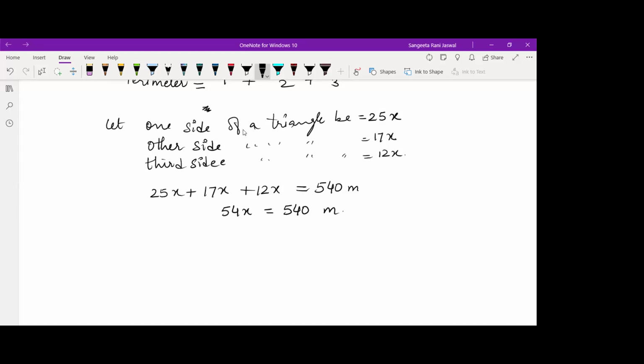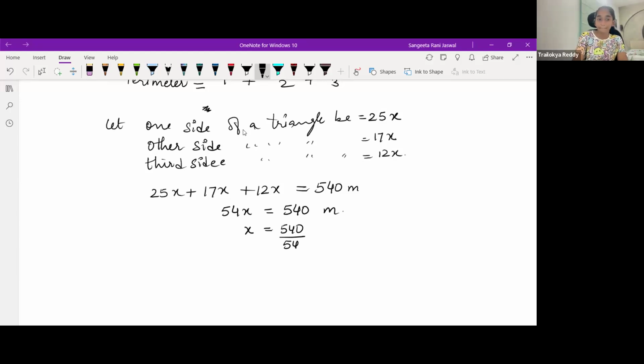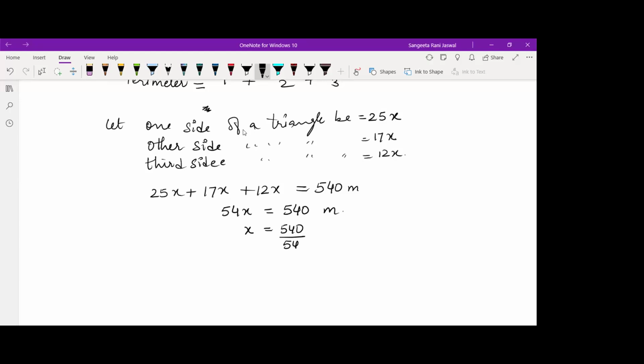From here, can we find the value of x? We keep our x here, and now 54 is multiplying with x. When I take it on the other side, it will be dividing. It will divide with the number here. How did it divide?